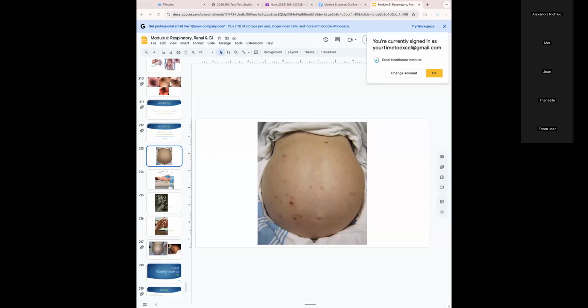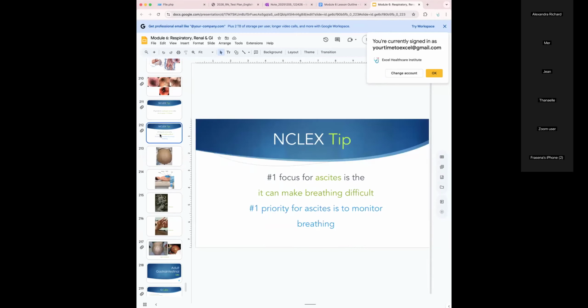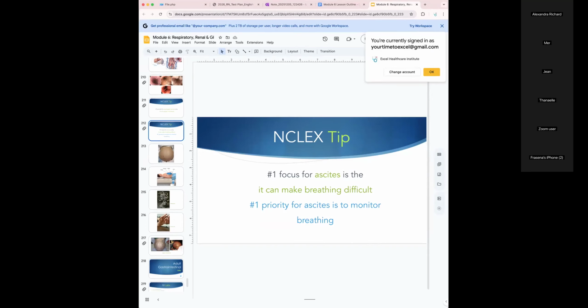Yes. So somebody with cirrhosis that has caused ascites, or someone with ascites, period, they are going to have respiratory distress. So write that down. Number one issue with ascites is respiratory distress. That is your number one concern, okay? So your number one focus for ascites is it can make breathing difficult. So your number one priority for ascites is to monitor breathing. Remember, airway, breathing, circulation. So ascites would be a breathing problem.